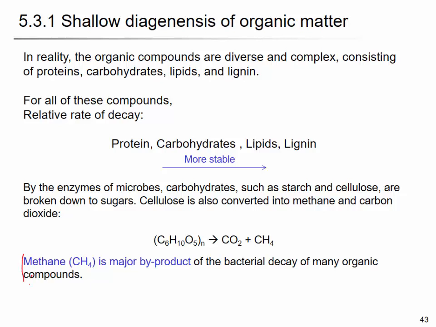So in the coal bed, you find the pore space filled by methane gas. So lignin can be transformed to coal, and it also generates methane. So you have both. You always find methane together with coal.